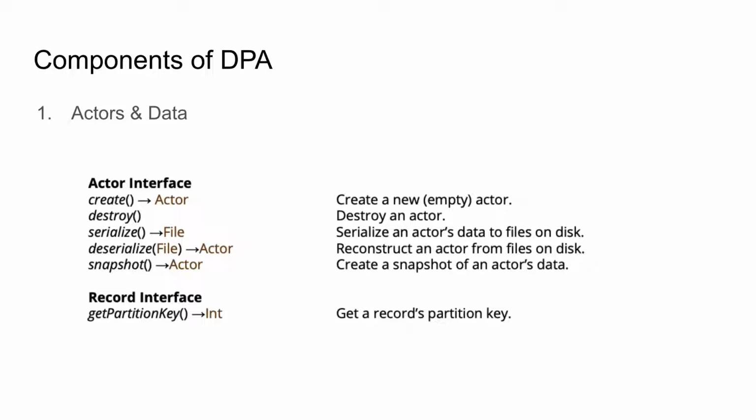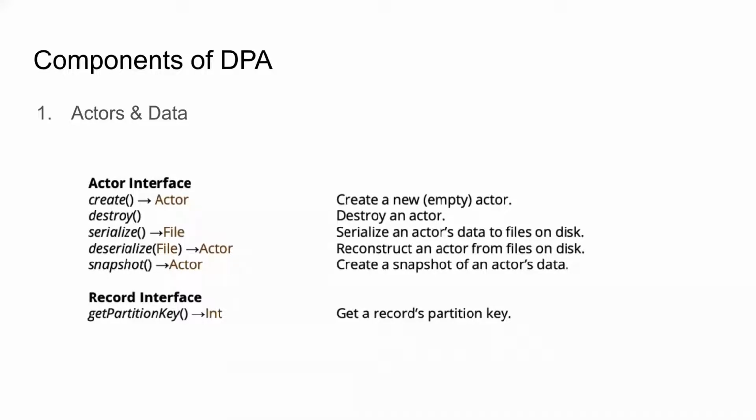The difference they have from traditional actors is that DPA actors can only communicate via these APIs, and they cannot just pass any arbitrary messages. Everything else, like keeping their internal state, is like the traditional actors.